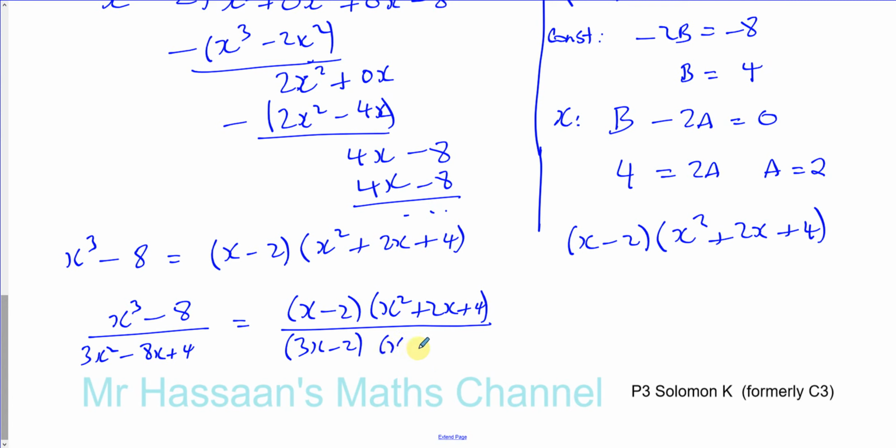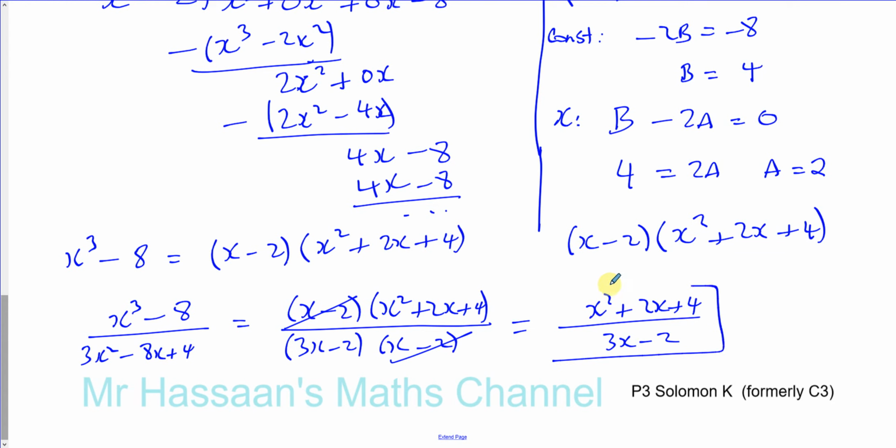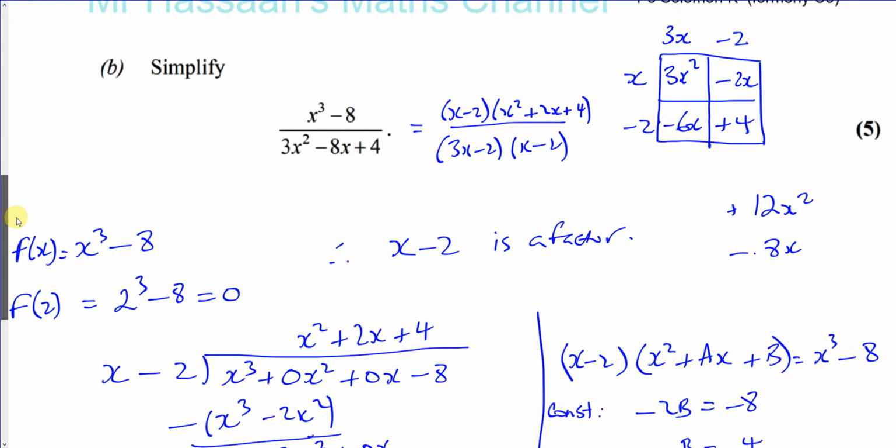The x minus 2 cancels out, and you're left with x squared plus 2x plus 4, which can't be factorized any further, divided by 3x minus 2, and that is our answer. Just make sure the question asks us to do that. It says simplify, yeah. So there we have the answer to part B.